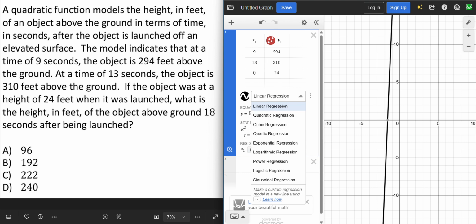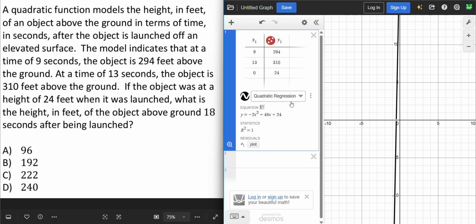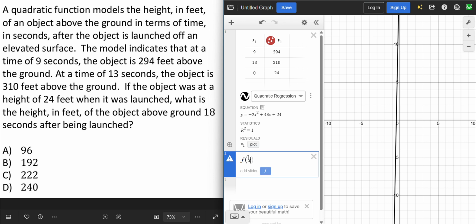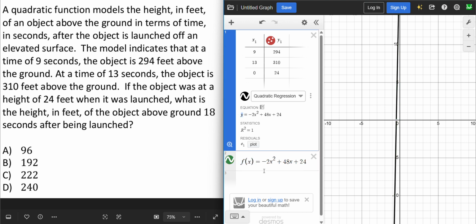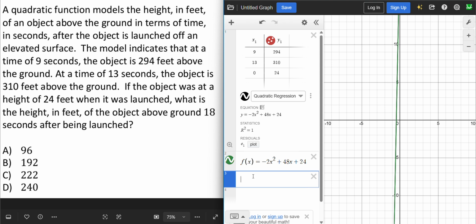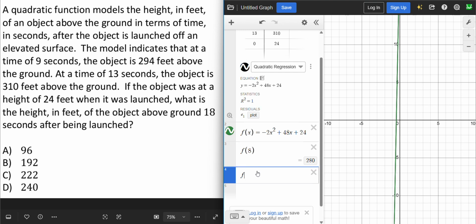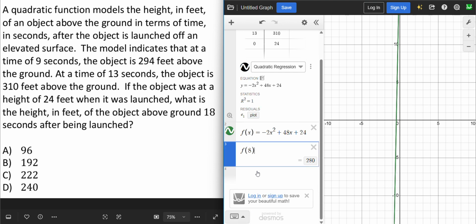Since this is a quadratic function, we move to quadratic regression, and we copy this equation from here and put it as the function f(x). Why are we putting f(x) instead of y, just like here? Because if we want to fill in any value of x in this equation, we can easily do so.